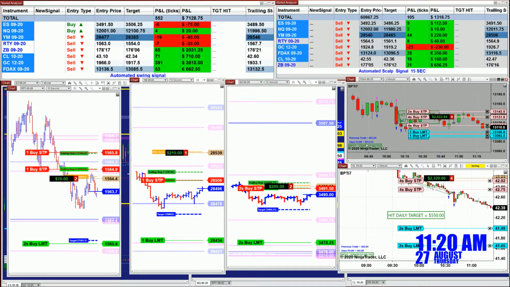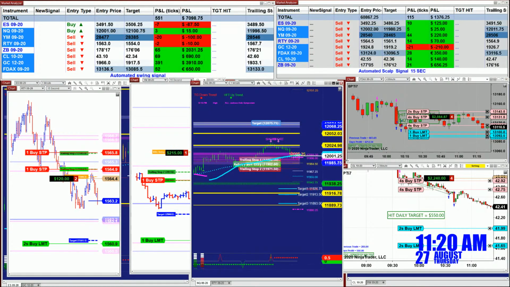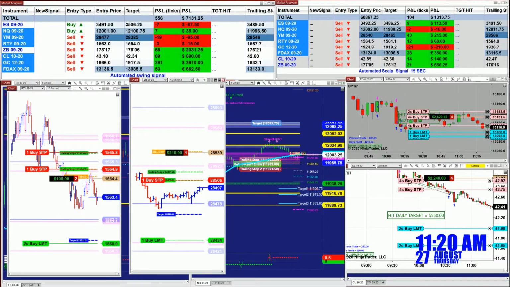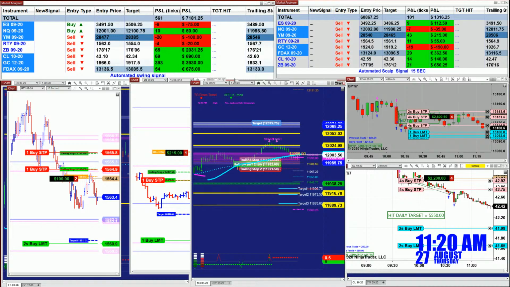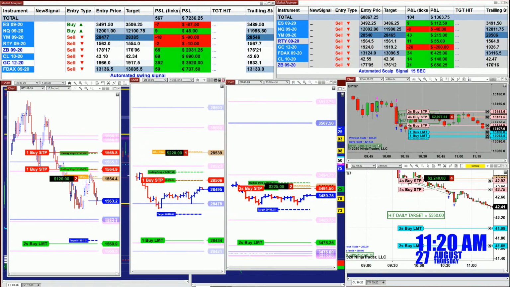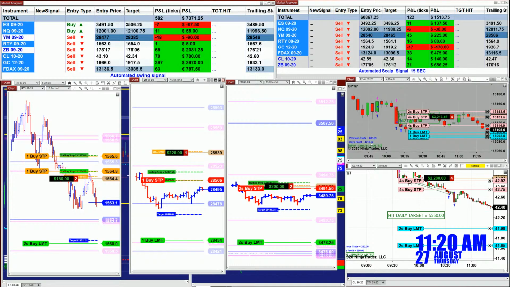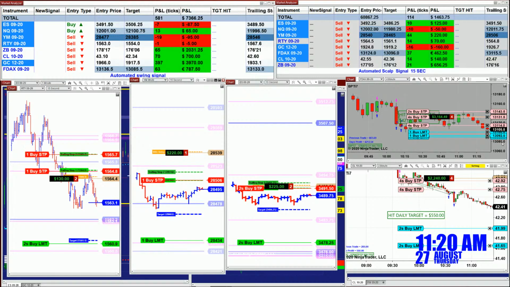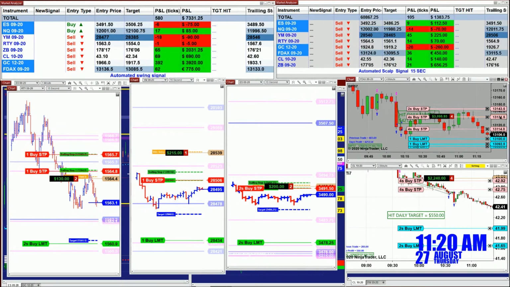On the DAX, you can see on the previous trade from the lower, I don't know if you can see that, we already nailed 4,212 in here on the previous trade.